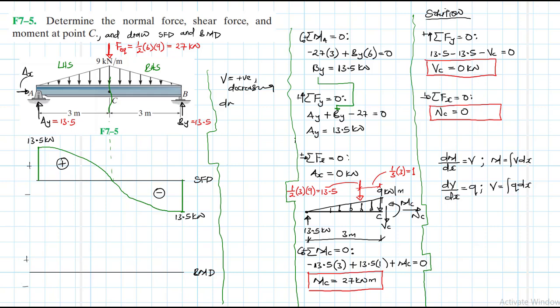And therefore you expect the slope of our moment to also be positive, and it will be decreasing, right? And what's its magnitude? So this is quadratic, and so we need to find the area under this curve.